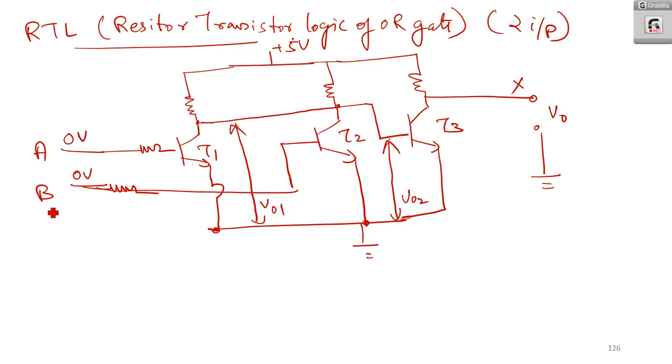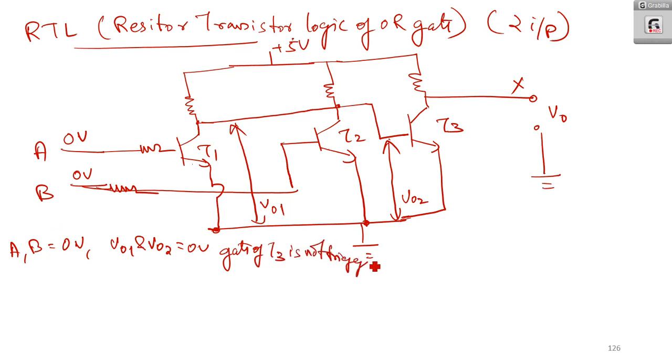If A and B are 0 volt, then V01 and V02 are equal to 0 volt, which means that the gate of T3 is not triggered, which means output V0 is equal to 0 volt.